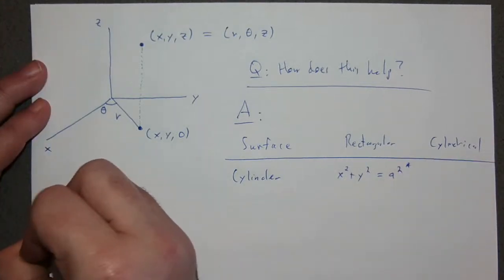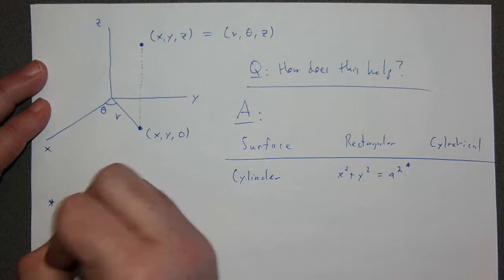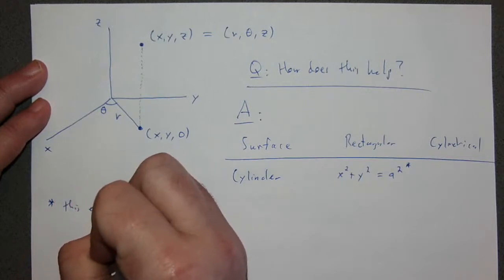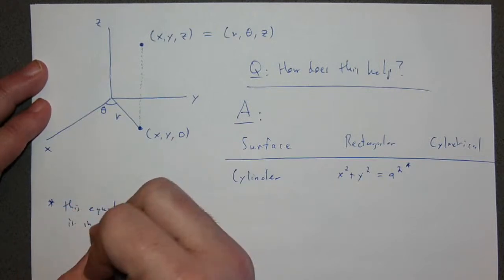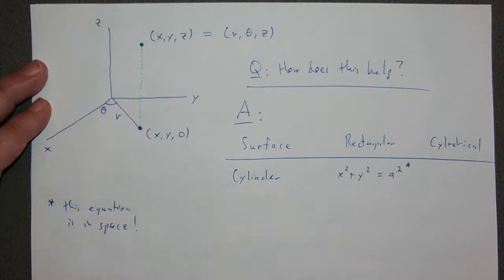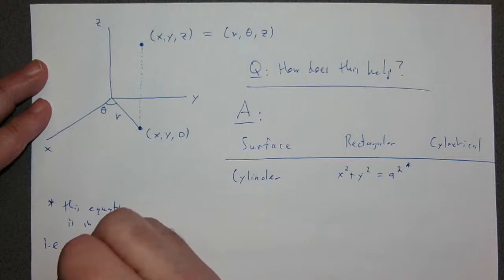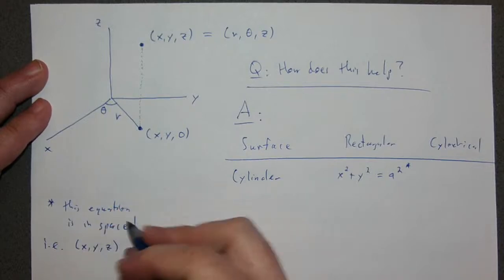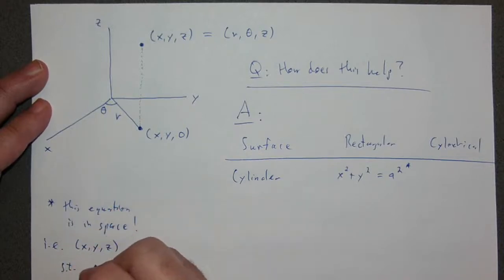The asterisk says this equation is in space, i.e., what I'm really saying here is there's words said before you write down this equation, and those words are the collection of points x, y, z in space such that x squared plus y squared is equal to a squared, right?